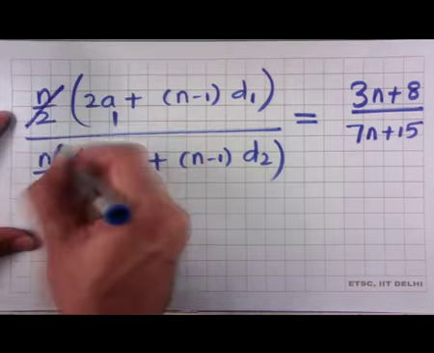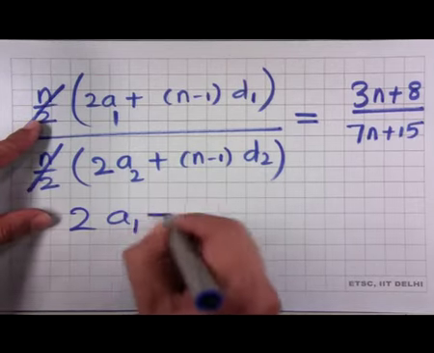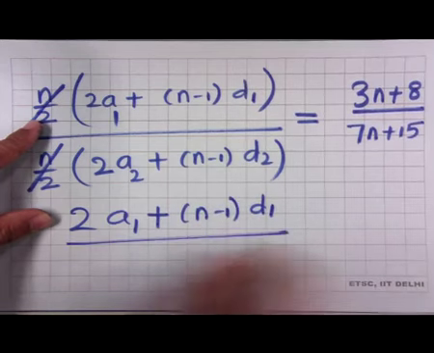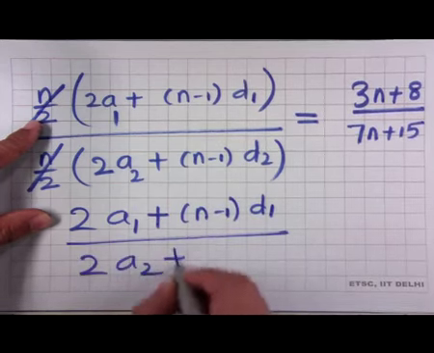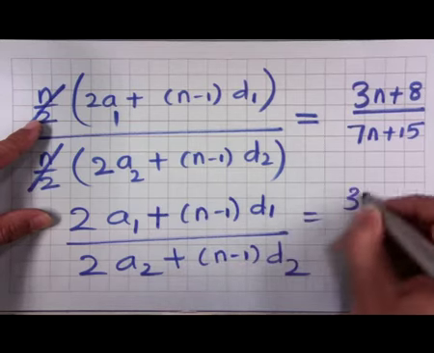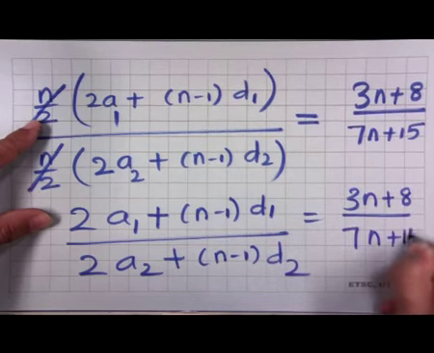Cancelling this n by 2, the given fact is 2a1 plus n minus 1 into d1 by 2a2 plus n minus 1 into d2 is equal to 3n plus 8 by 7n plus 15.